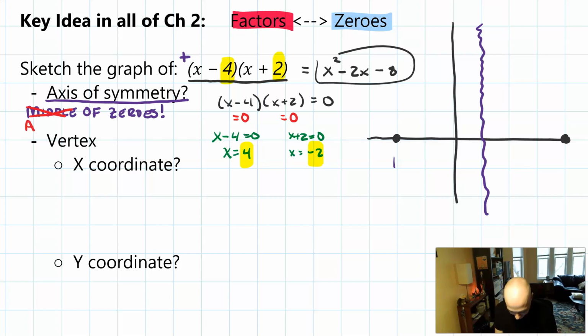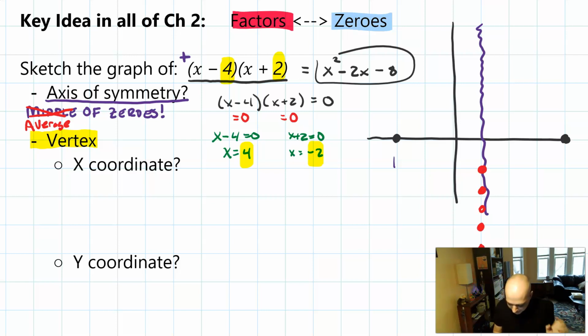What we really mean is average. That is, the axis of symmetry is going to be right at the average value of the two zeros. Now, the axis of symmetry is mostly useful because it tells us exactly where the vertex is. The vertex of this quadratic, I don't know exactly where, but it had darn well better lie on the axis of symmetry. Otherwise, it would be a not very good, not very symmetric quadratic.